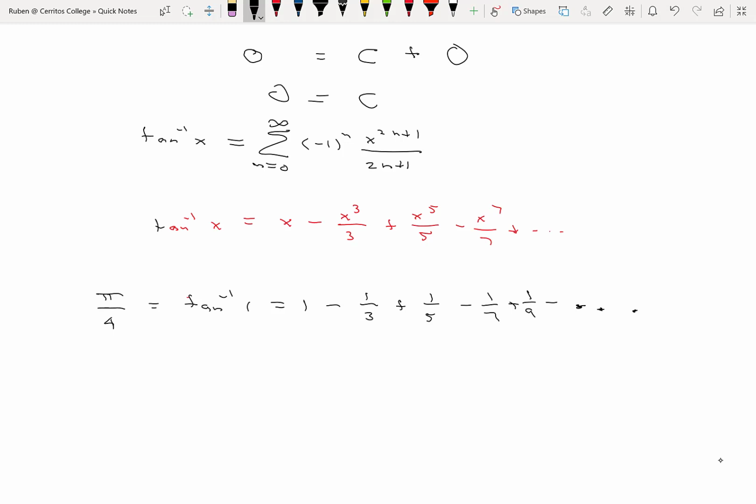It converges very slowly, so it takes a large number of terms to even get a few decimal places of pi over 4. So in reality, a faster converging power series would be used. But this is how real-world computation is done, okay?